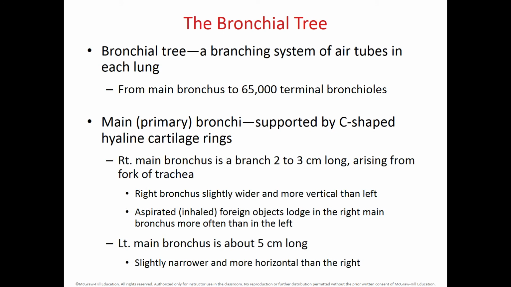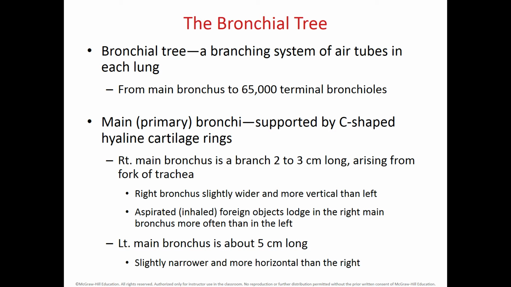So, the characteristics of the bronchial tree. It's made out of a system of air tubes that are located within the lungs, and the main bronchus will subdivide into 65,000 terminal bronchioles. So we will start with the primary or main bronchi.